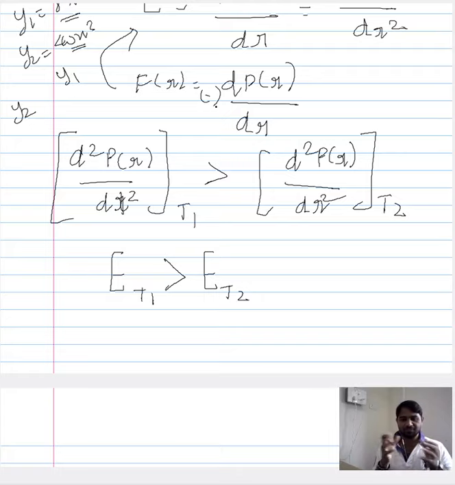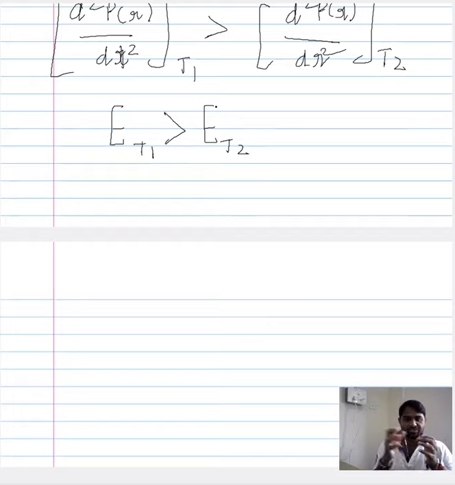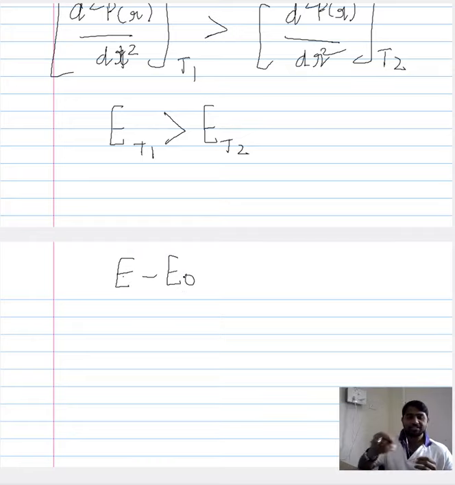Now we can also try to arrive at an expression for it. I'm not much of a fan of this expression, but let us try. The expression for the change in the Young's modulus can be written in a similar way to how we write it for thermal expansion. Here E naught is the Young's modulus at absolute zero, and E is the Young's modulus at a given temperature T. We normalize the change with the Young's modulus at absolute zero.